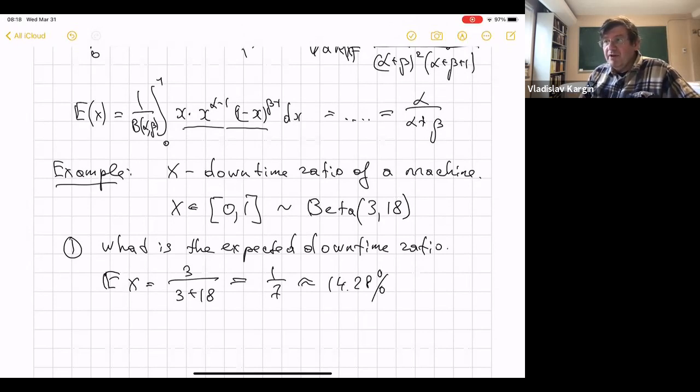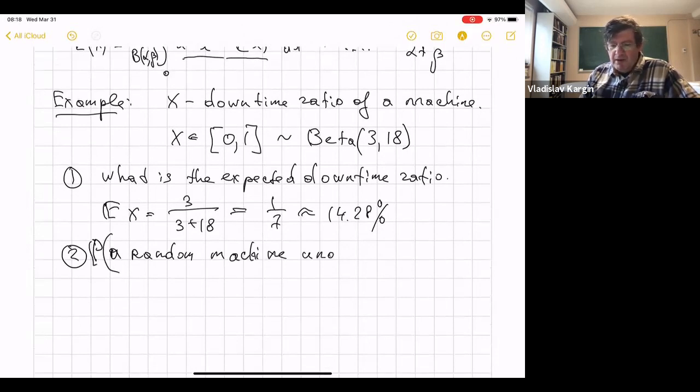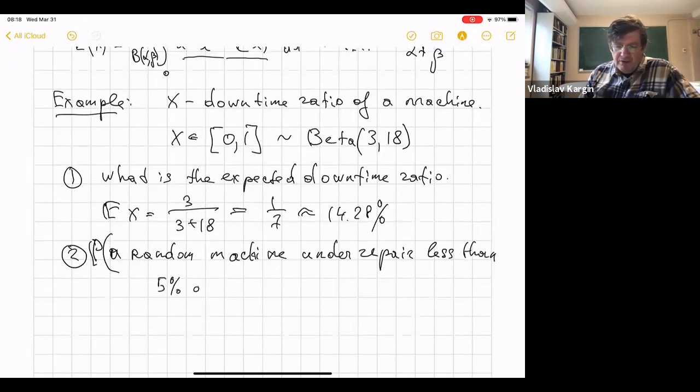Another question: what's the probability that a randomly selected machine is under repair less than 5% of the time? If we choose a random machine, then this machine is pretty good, since it's under repair less than 5% of the time.